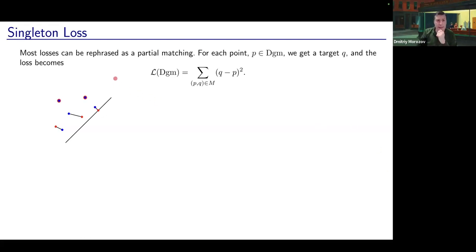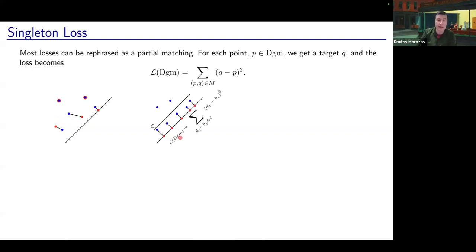To define the special class, I want to observe that most of the losses that people formulate can be phrased as a partial matching between the points in the persistence diagram. So I have my blue persistence diagram, I have my target red persistence diagram, and really I can think of this loss as trying to move the matched blue points to their matched red points.